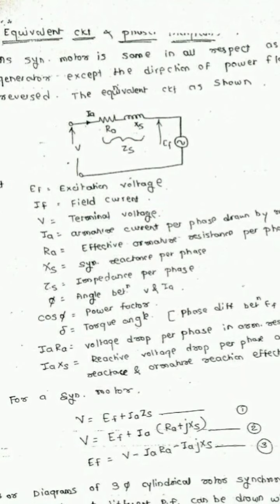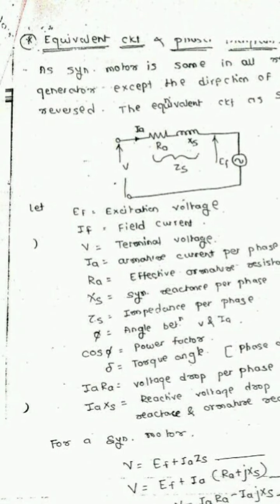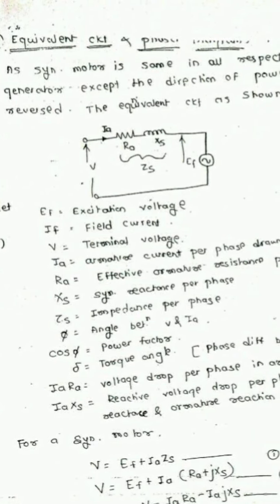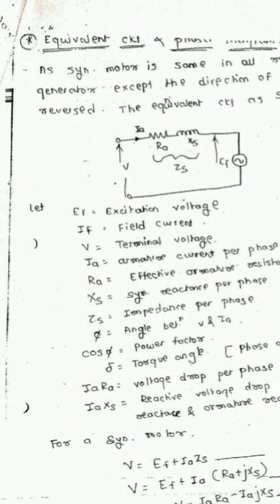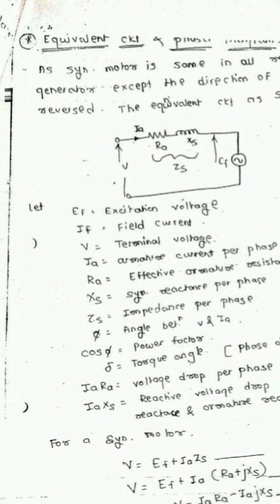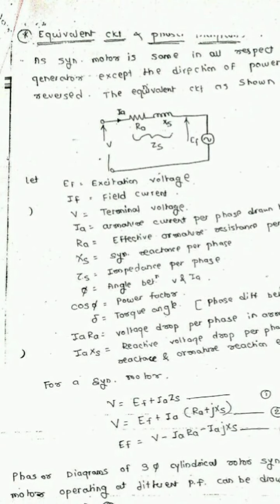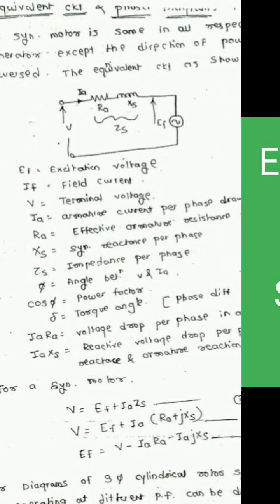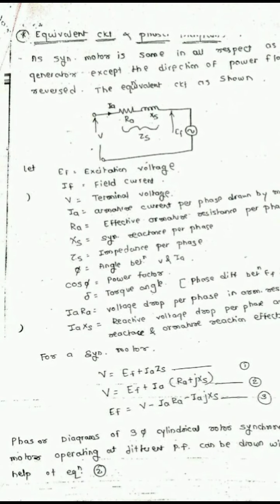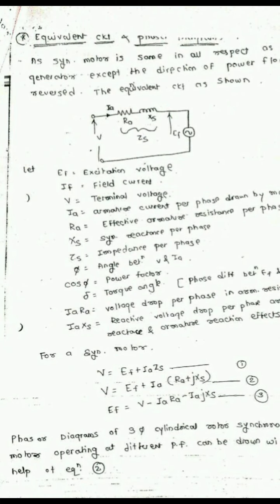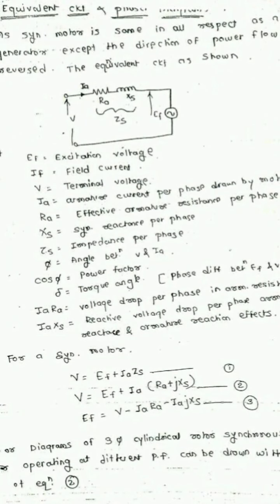As shown in the circuit diagram, EF is the excitation voltage, IF is the field current, V is the terminal voltage, IA is the armature current per phase, RA is the effective resistance per phase, XS is the synchronous reactance per phase, and ZS is the impedance per phase.